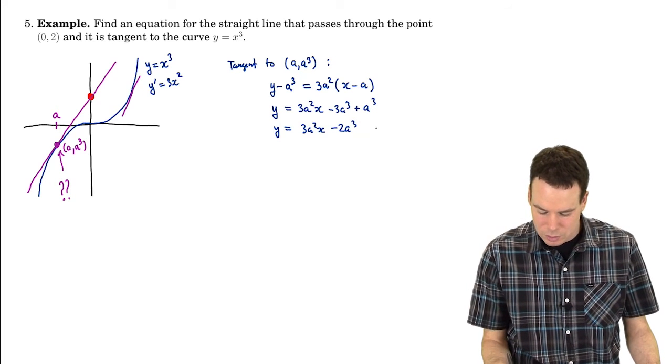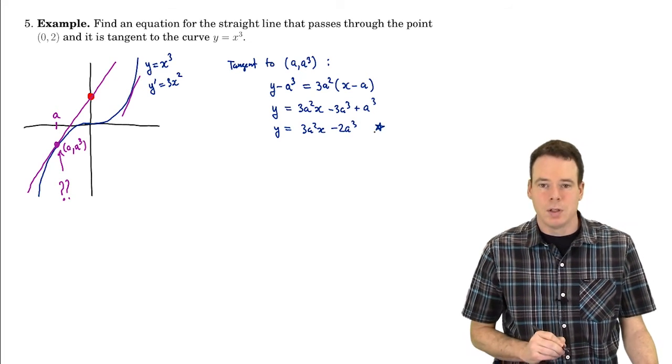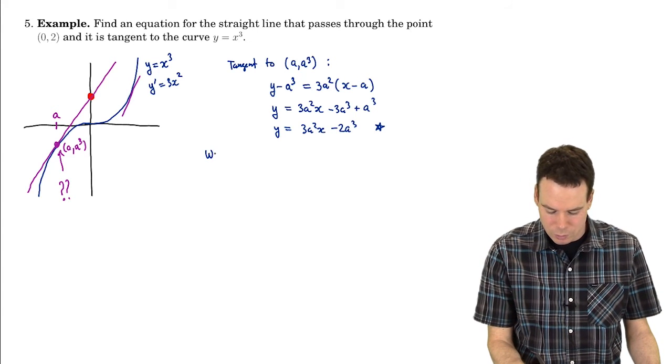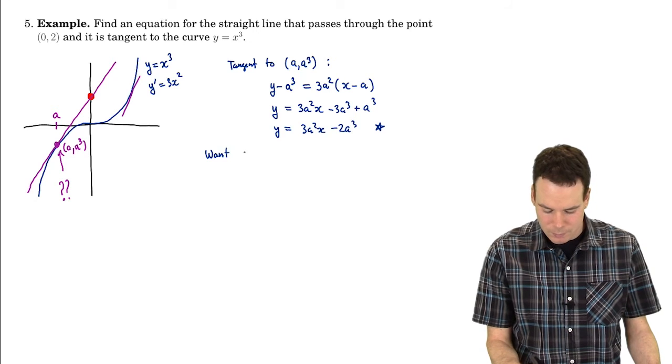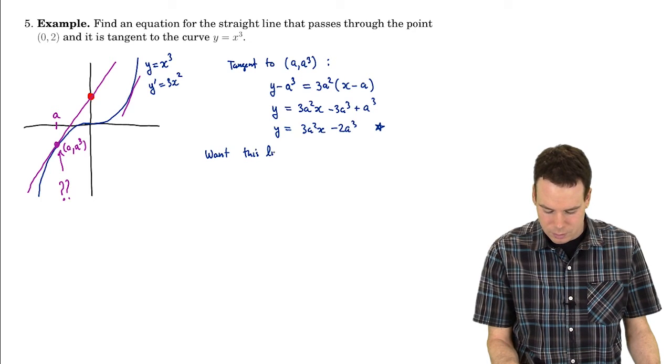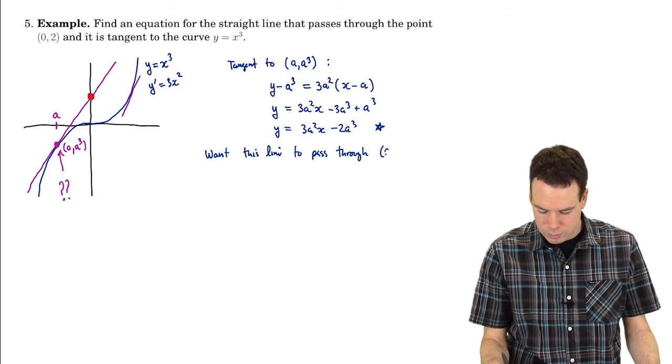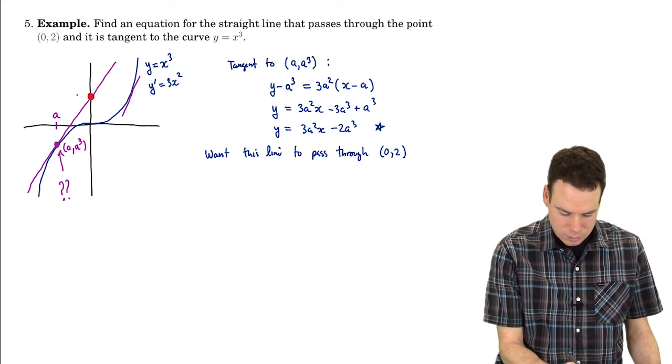Now this is the equation of the tangent line for any given a. What do we want this tangent line to have? What property do we want it to have? We want this line to pass through the point (0, 2).